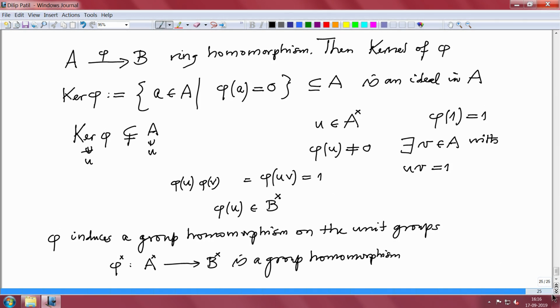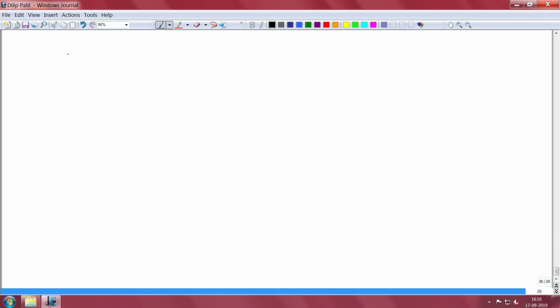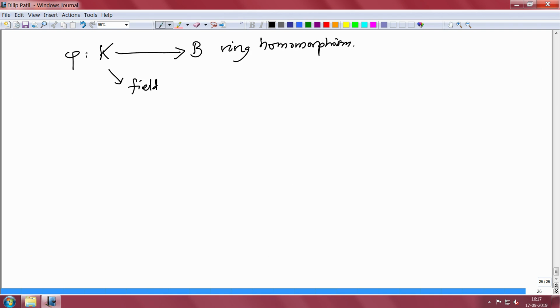So I should note that if phi is a ring homomorphism from a field K to somewhere, B is arbitrary and K is a field, then the kernel of phi is 0, that means the map phi is injective.